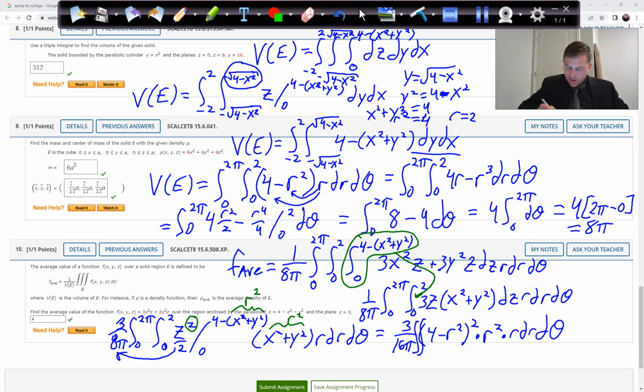So we're going to end up with 3 over 16 pi, 0 to 2 pi, 0 to 2 of 16r cubed minus 8r to the 5th plus r to the 7th, dr d theta.